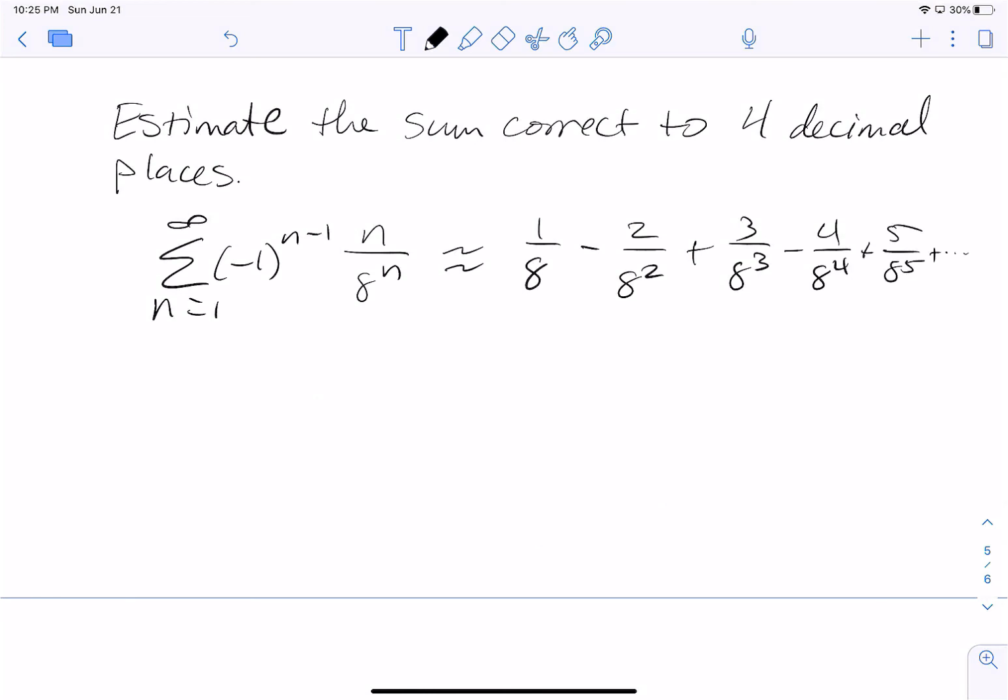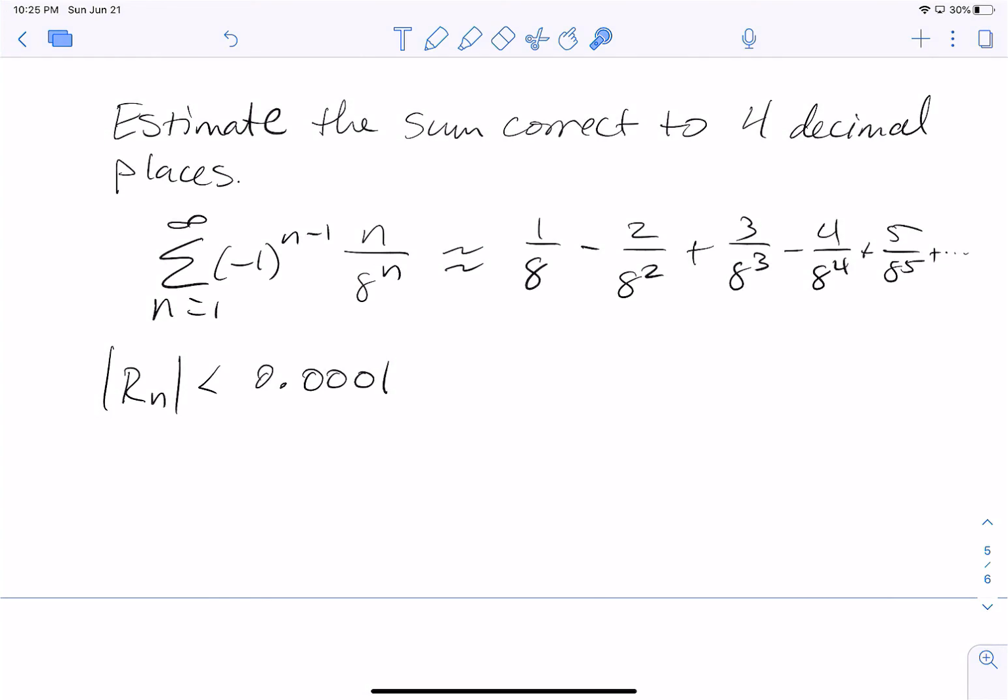And the question really is, how many terms do I need in order to be as close as is specified? Well, we want R sub n in absolute value to be less than 0.0001, right? It's correct to 4 decimal places. So what I need to know is, which is the first term that's smaller than 0.0001?